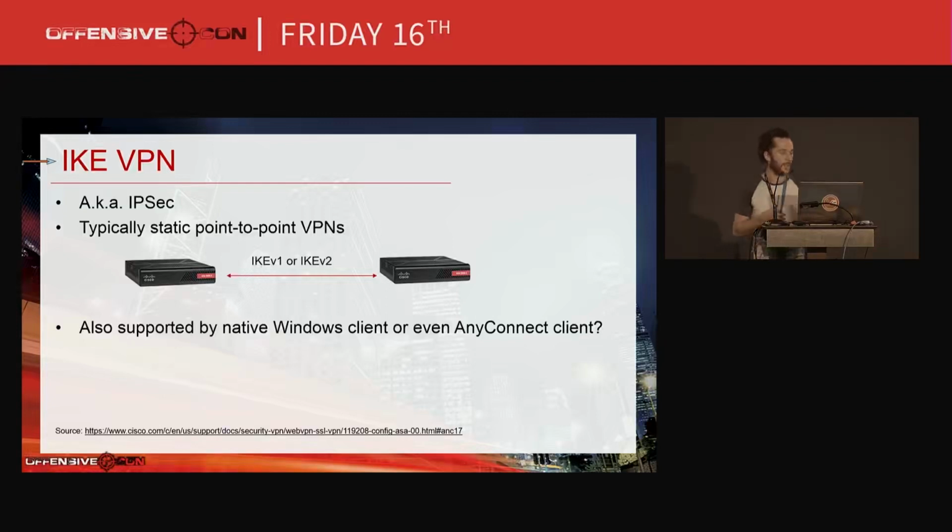I'm not going to talk about that today. IKE can be either IKEv1 or IKEv2, and is mostly used for static point-to-point VPN between two gateways or firewalls. But it could also be used by AnyConnect or a Windows client, even though I've never been able to configure it.